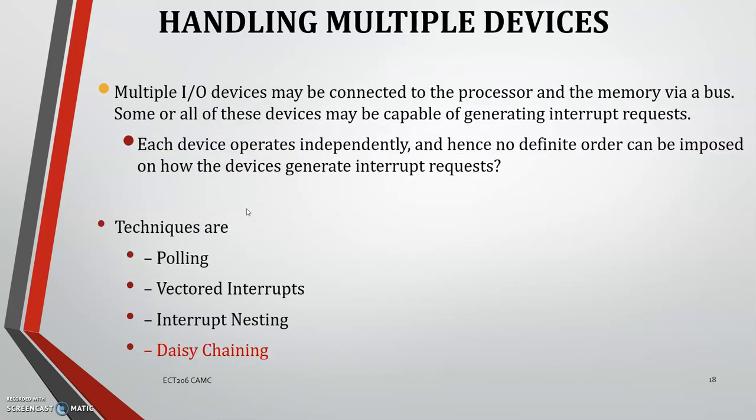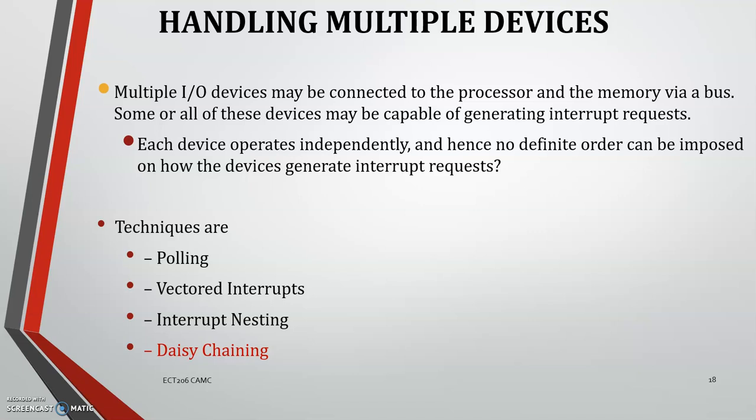Handling multiple devices. Multiple IO devices will be connected to the processor and the memory via a bus. Some or all of these devices may be capable of generating interrupt requests, so the processor needs to handle these requests from multiple devices.